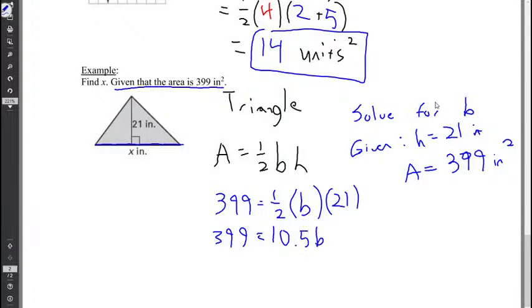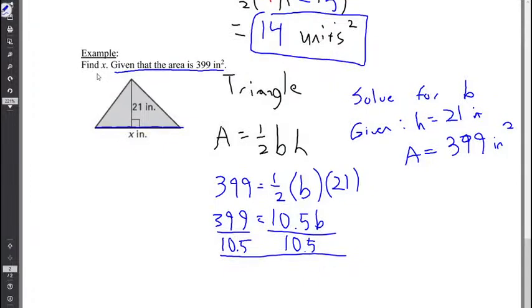And then I can just divide by that to solve for B. When I divide by that 10.5, that's going to give me 38. And inches, not inches squared, because this isn't an area. It is just the length of that base. So our units should just be in inches.